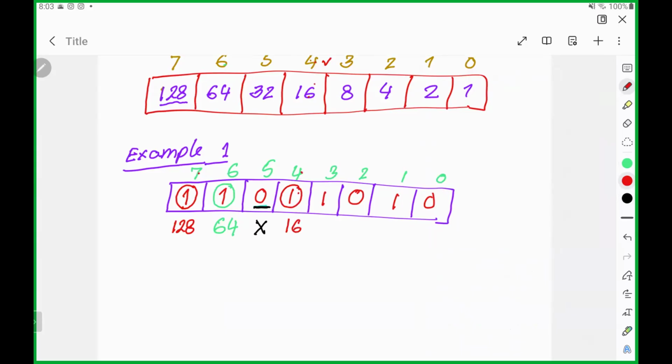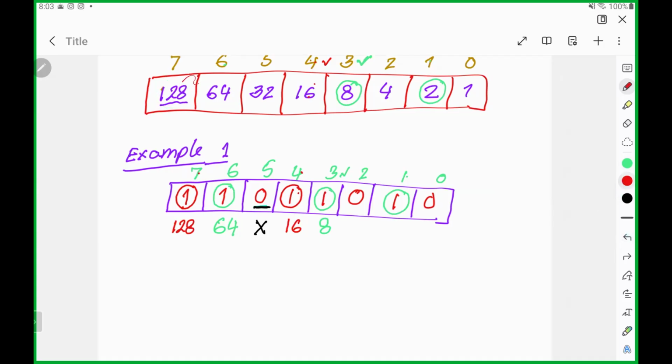Then again, I have a 1 here. This is the 3rd bit, 3rd position, so that is 8. I will write 8 here. Similarly, I can do this for the others. This one is number 1, which corresponds to this one. We make a circle here with the corresponding color.